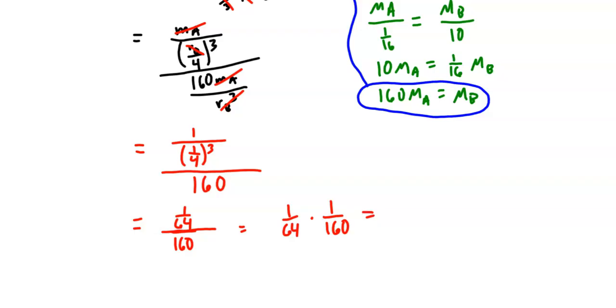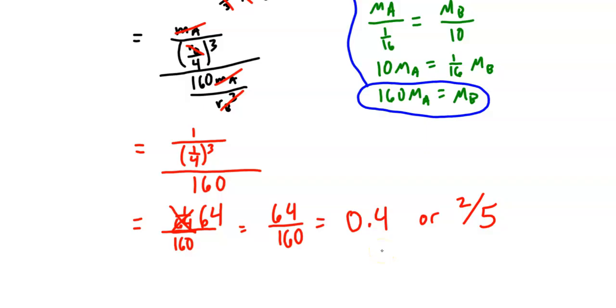Okay, I realized I made an algebra mistake here, because this is 1 over 1/64, which would just be 64, not 1 over 64. So that should be 64. And then that would make this just 64 over 160. So whatever decimal equivalent is the ratio that is desired there. Or 2/5.